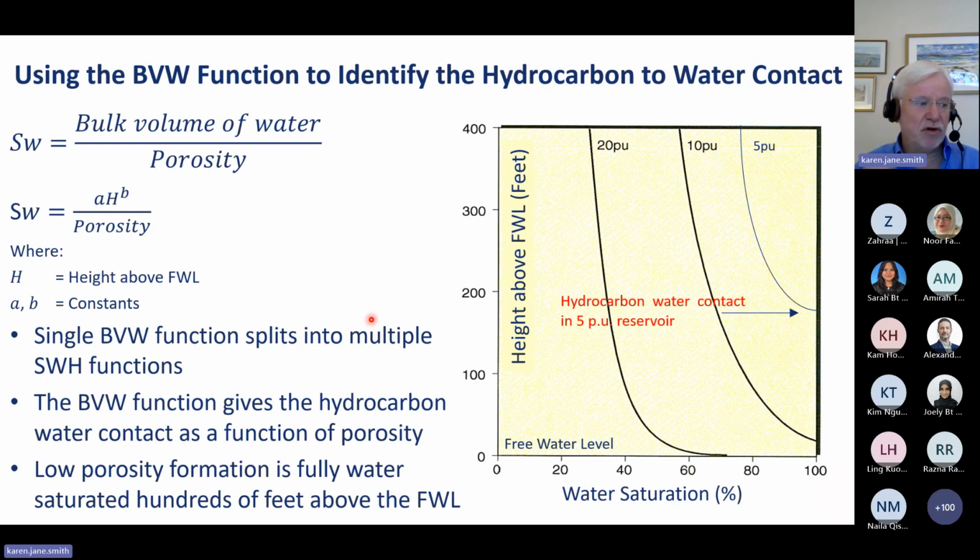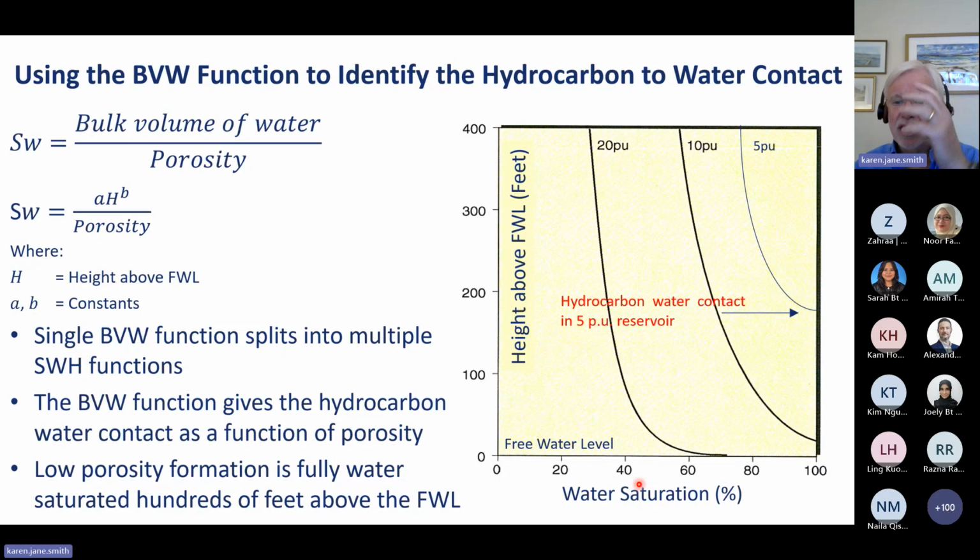Now, we can actually use the function to identify the hydrocarbon water contact. Remember, this is a varying structure throughout the reservoir, depending on the local porosity and permeability, where the free water level is a constant plane, right? So as SW is equal to BVW over porosity, we can make this cross plot, and we can go back to SW space.